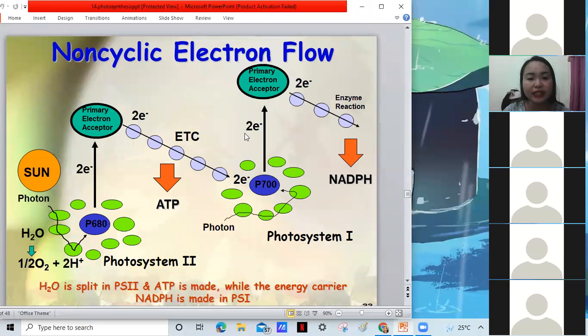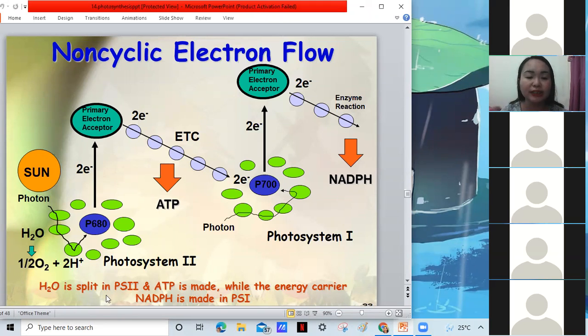So you can see here in the figure, from the sun harvesting, photosystem 2 comes first before photosystem 1 in the figure. And why is it so? It is because the scientists discovered photosystem 2 first before photosystem 1. That is why that is their model.